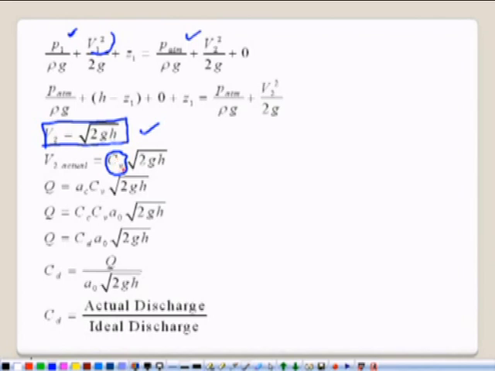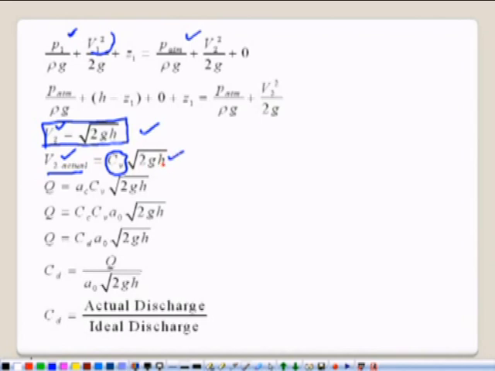So this is designated as Cv. So V2 actual is the actual velocity, and this is the theoretical velocity at vena contracta. So V2 actual is equal to Cv root of 2gh. So now we can find out the actual velocity of the jet at vena contracta with the help of h.